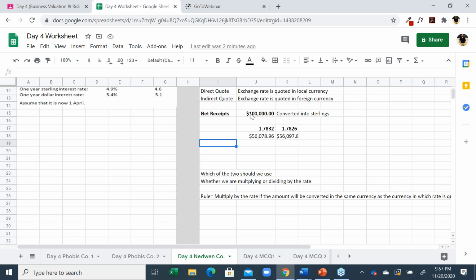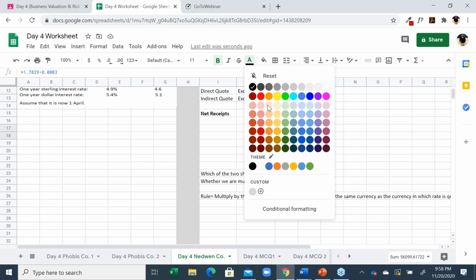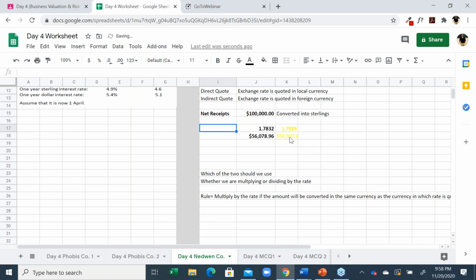In this case, we are going to sell $100,000 to the bank, and the bank will pay us in pound sterling, and definitely they will pay us the lower value. The bank will never pay us the higher value. So this is the amount that we should be taking, and I'll just simply ignore this. We don't need this. So the pound sterling that the company will be getting in 1 month's time will be equal to this amount, and it should not be dollars, it should be pound sterling.